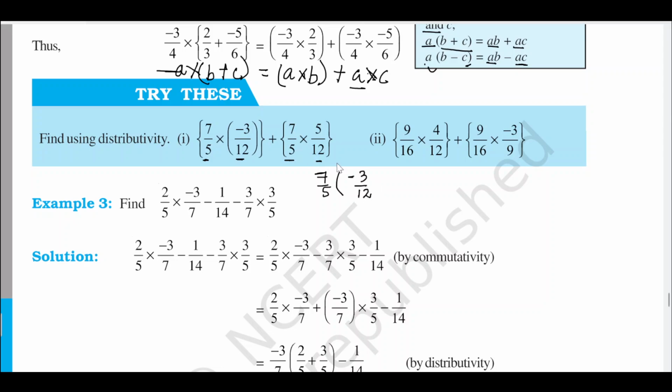From here also we will take 7 by 5. This plus sign will be there. 5 by 12. So the denominator is common.